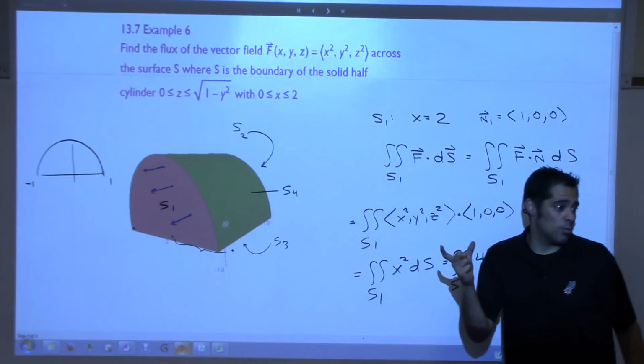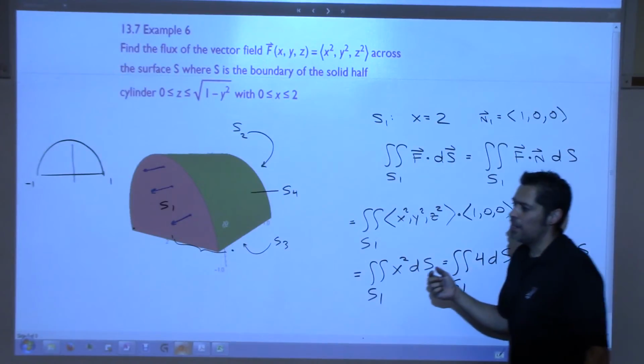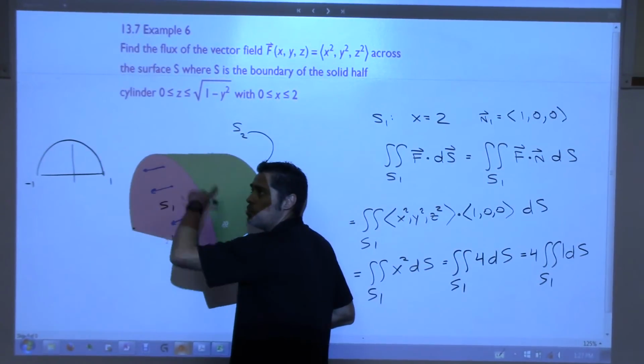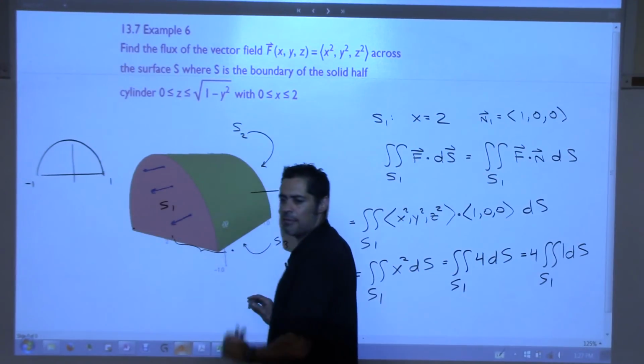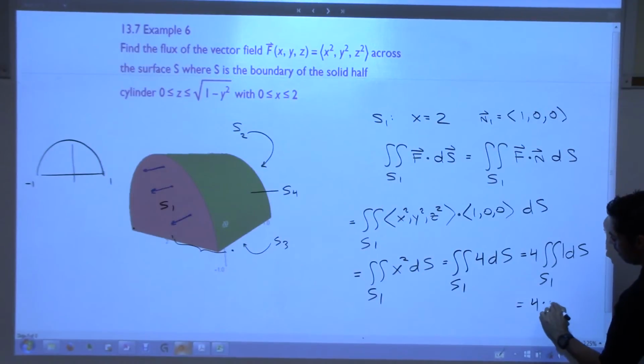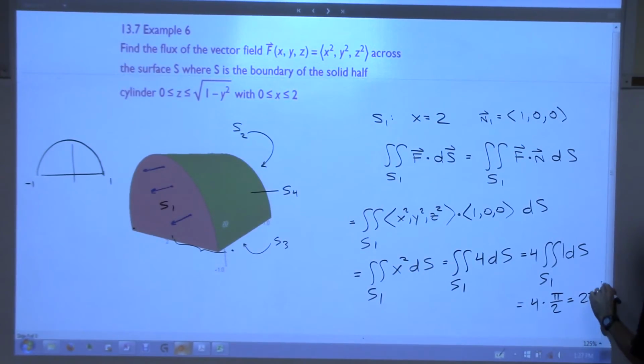We know that the radius is 1, right? So the area of an entire circle would be pi r squared. Since r is 1, this would just be pi, but we're taking half of it. So it's 4 times half of the area, which is going to be just 2 pi. Okay?